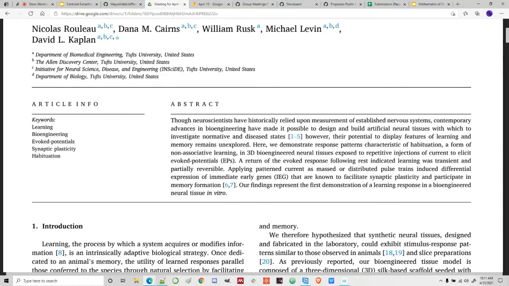So here they demonstrate response patterns characteristic of habituation, a form of non-associative learning, in 3D bioengineered neural tissues exposed to repetitive injections of electrical current to elicit evoked potentials.